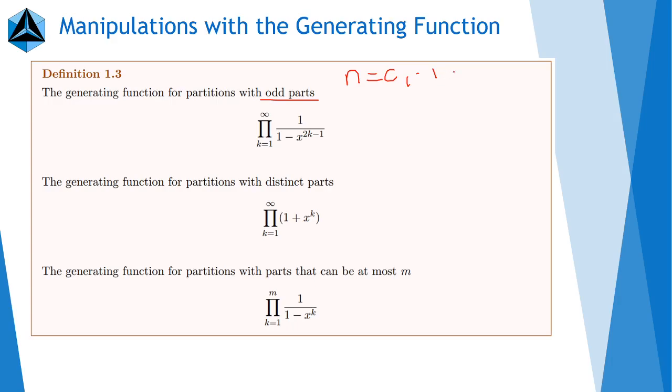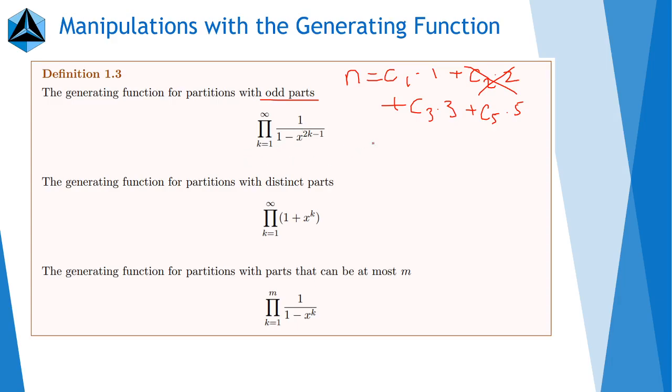However, in our original example, we had c2 times 2. However, 2 is an even number, and we don't want even parts. We only want odd parts. And so we can change our equation from earlier into this, c1 times 1 plus c3 times 3 plus c5 times 5, only the odd parts.